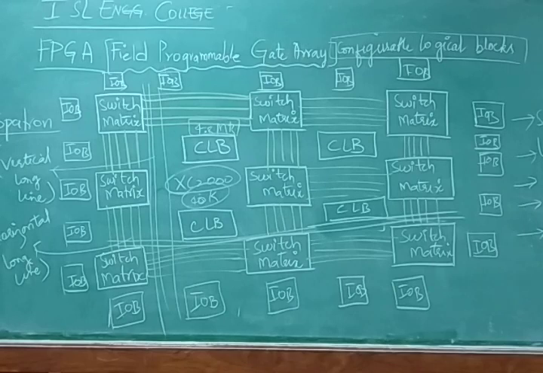Typically an FPGA consists of arrays of millions of logic blocks, with input and output connections which can be configured. The next thing, FPGA mostly consists of lookup tables. The lookup table has multiplexers, gates and flip-flops. Basically, what is a lookup table?